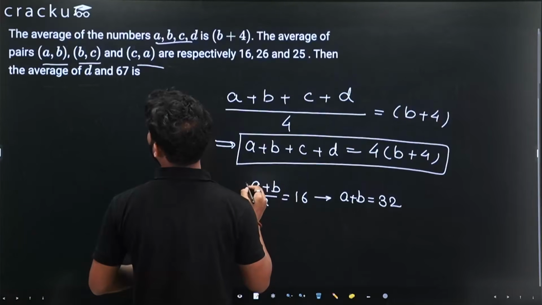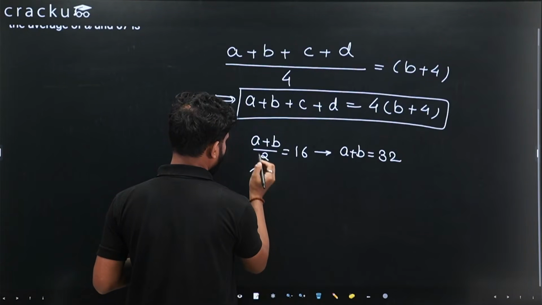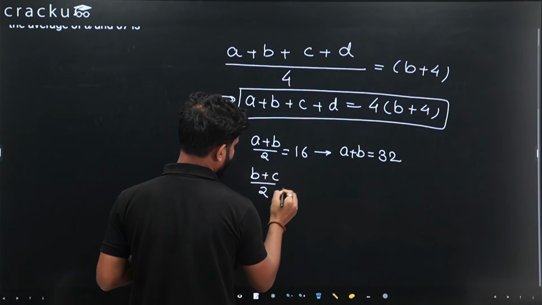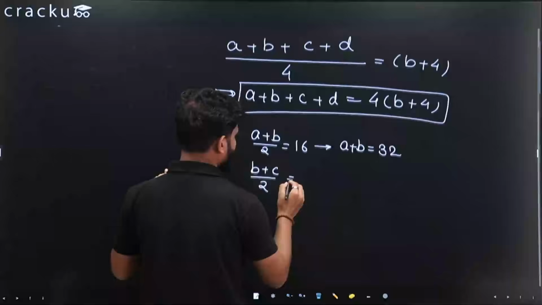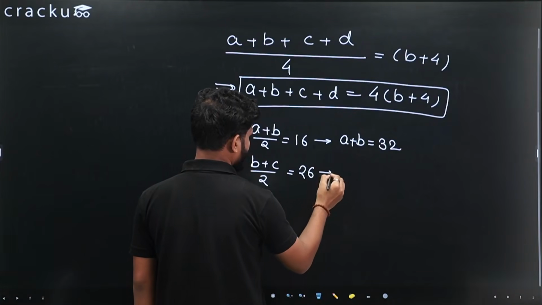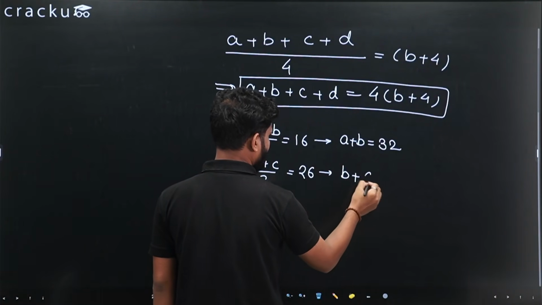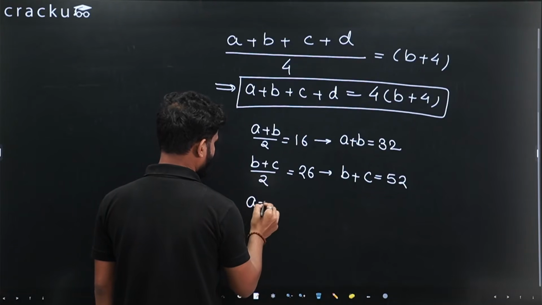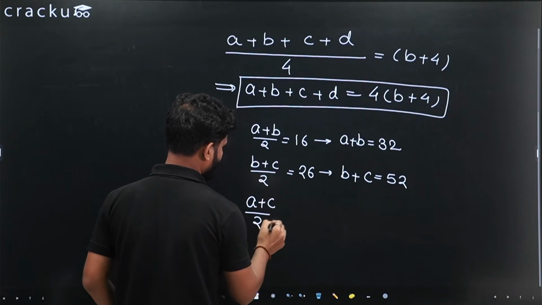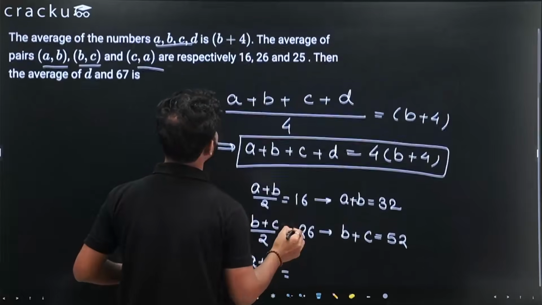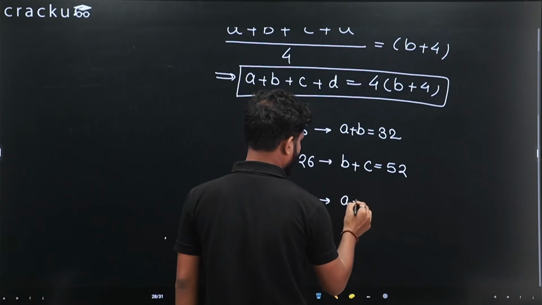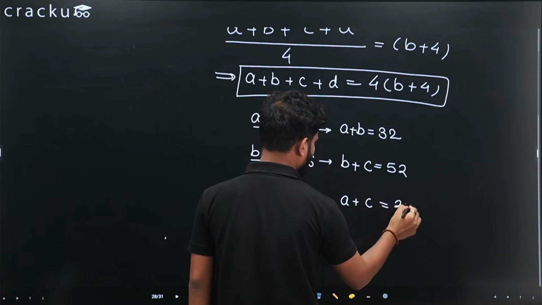For B, C: B plus C divided by 2 is given as 26. So from here B plus C will be 26 into 2, 52. What is A plus C? A plus C divided by 2 is given as 25. So from here I can write A plus C is 50.